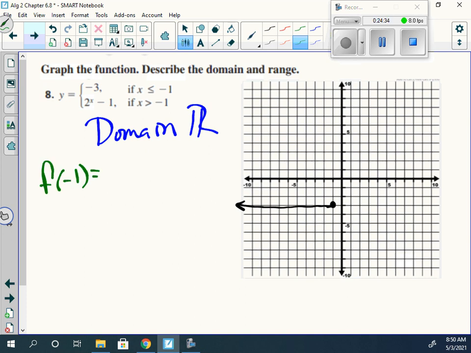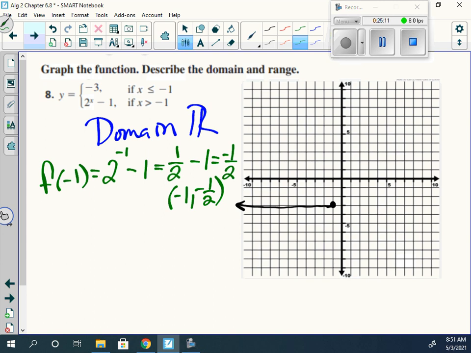Now we're going to look at the other side of this function. Now some of these points here are not going to be nice, because we have 2 to the -1 minus 1. Well, 2 to the -1 is the same as 1/2, because we have to move it from the numerator to the denominator to make the exponent positive.